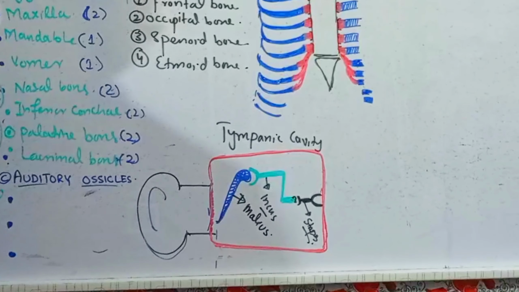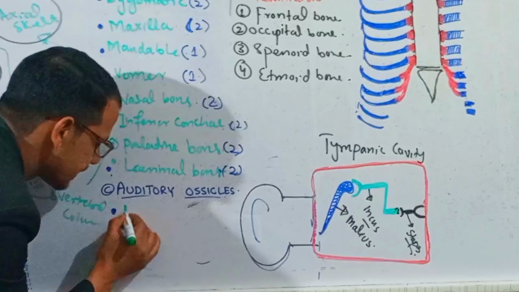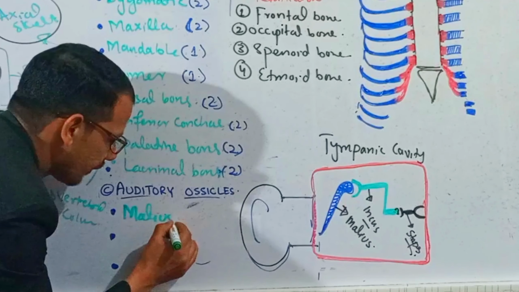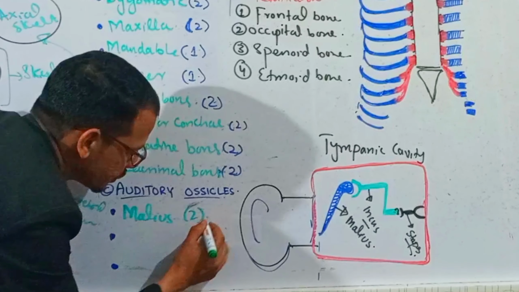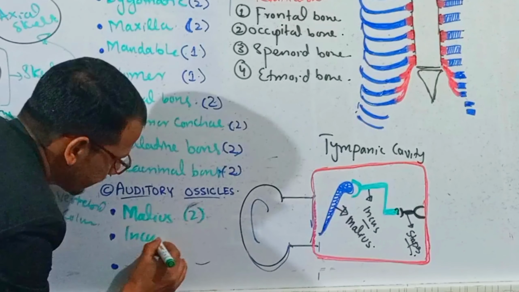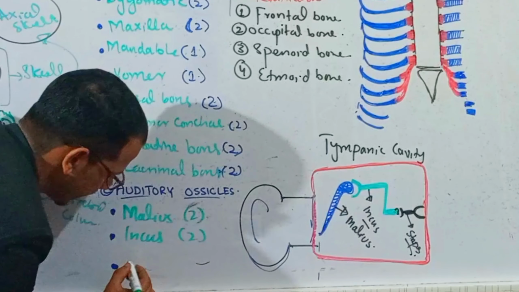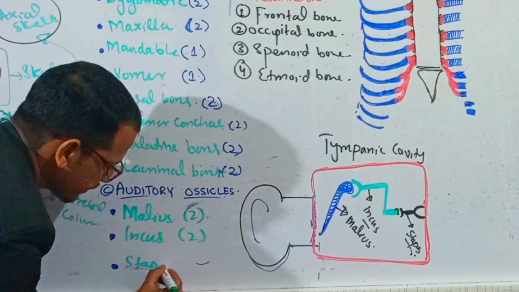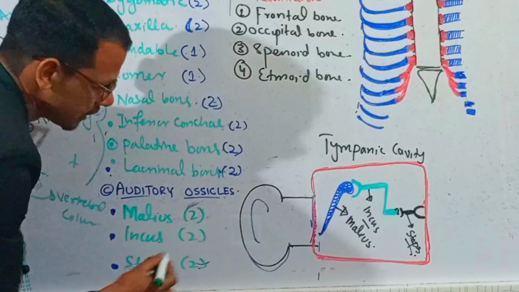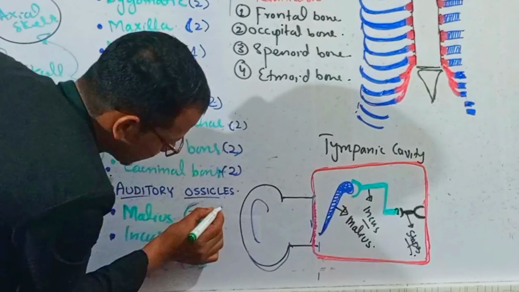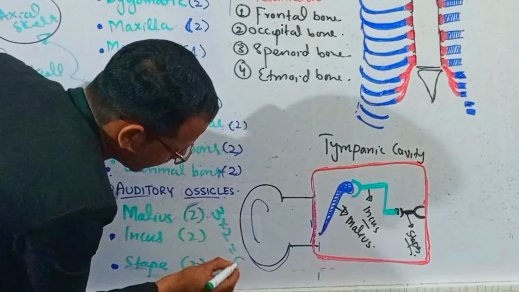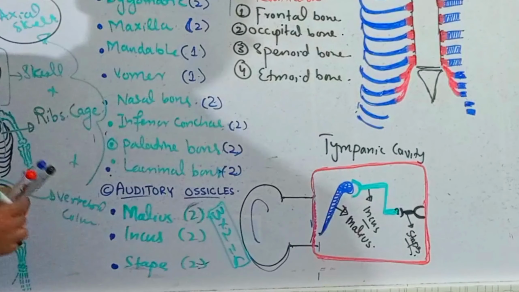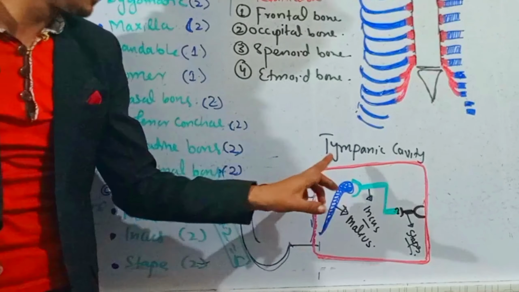So the auditory ossicles are the malleus, right and left, so these are two, the incus, right and left, and stapes, right and left. So auditory ossicles are six in number. Three bones are present in each ear.